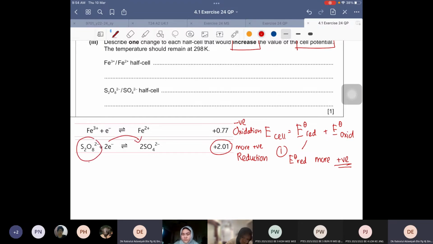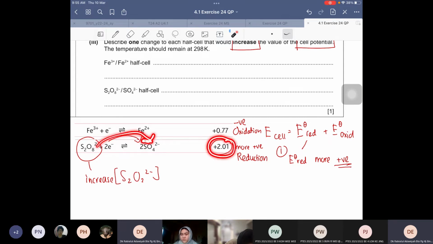Favoring the forward reaction means increase S2O8 2-, or you can also decrease the concentration of sulfate. You have freedom here. Either way, it will favor the forward reaction and make your E° more positive, and your E cell will also be bigger.